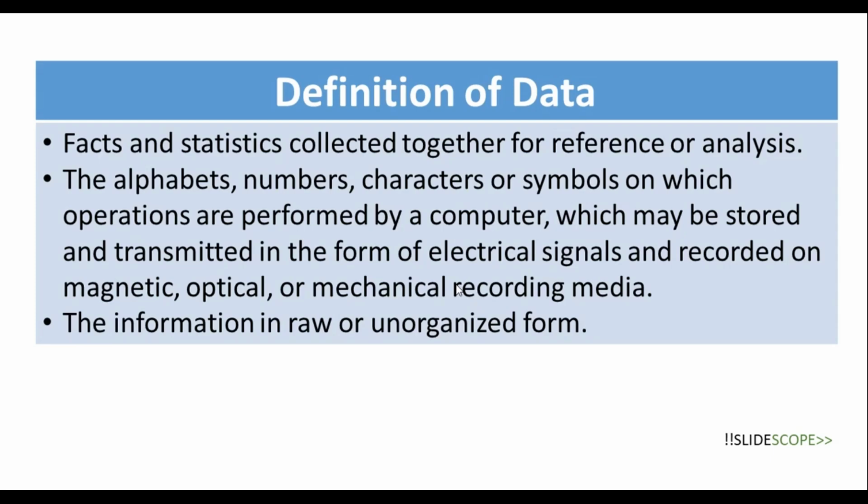This information may be stored and transmitted in the form of electrical signals. This information can be recorded on magnetic, optical or mechanical recording media such as your hard disk, pen drives, CD drives, Blu-ray discs. Anything can be used to store or collect data. The information in raw or unorganized form is known as data.